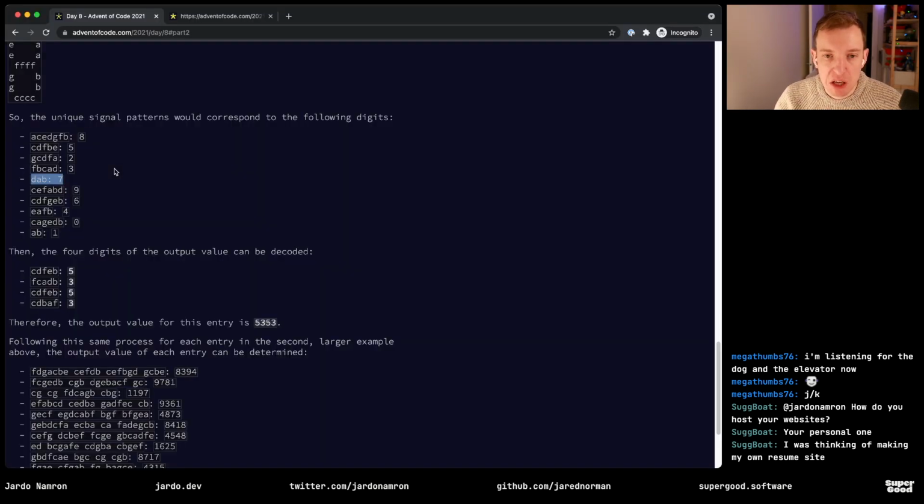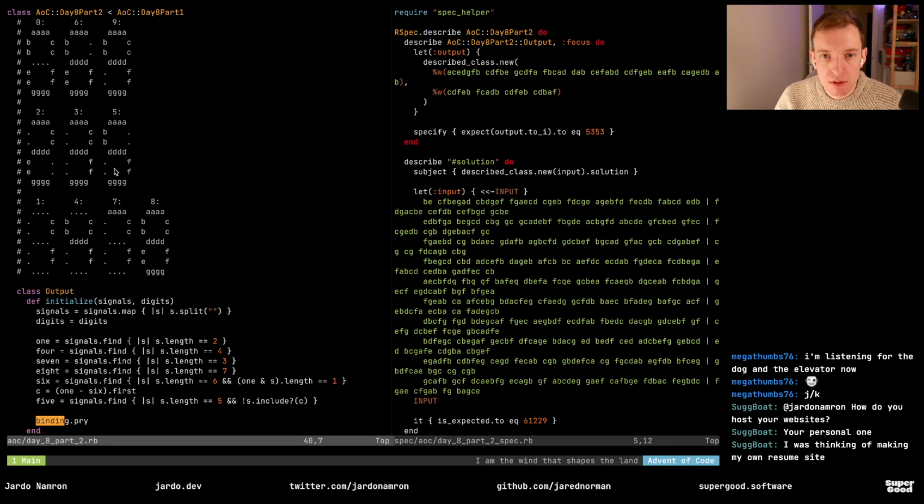Because 3 is... so let's find S dot length equals, so it's 5 length 1 and 1 ampersand S dot length is going to equal 2.